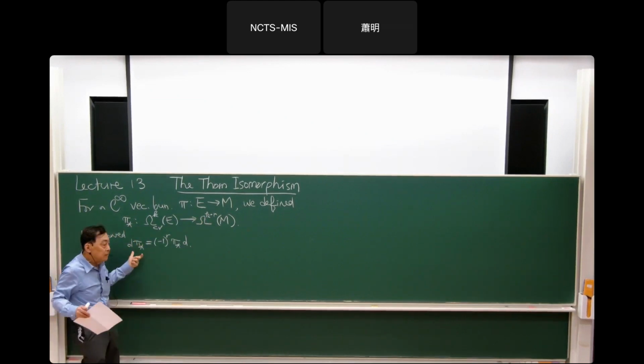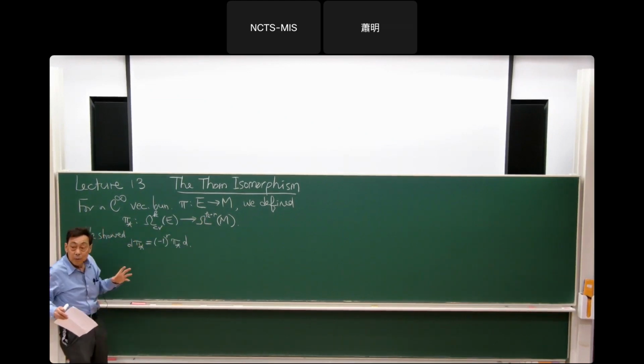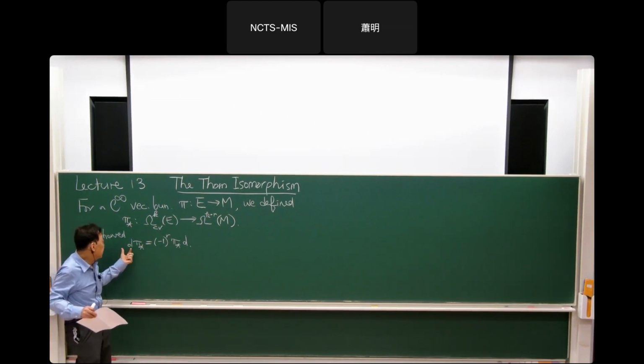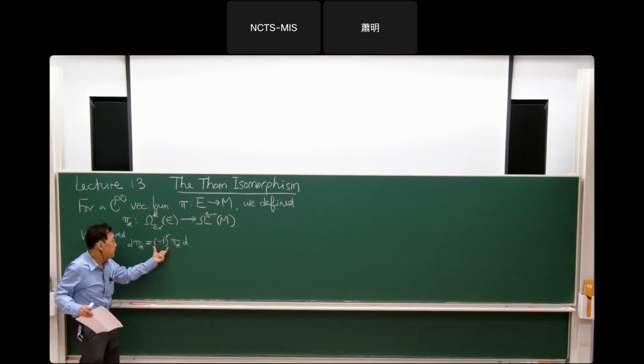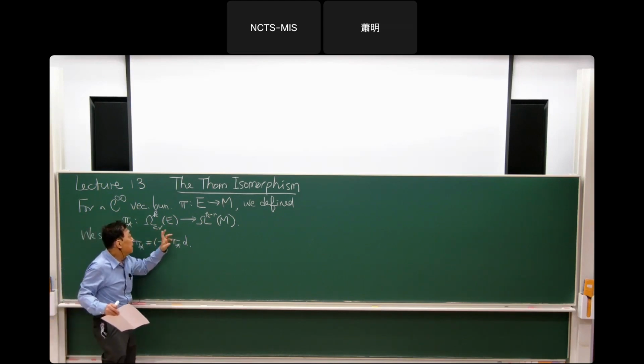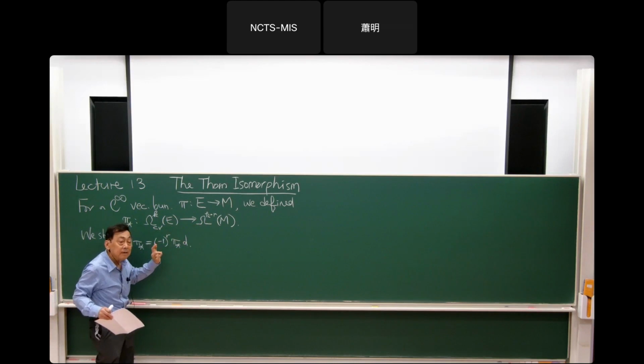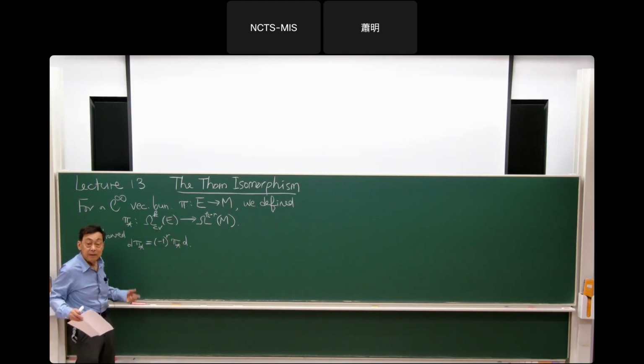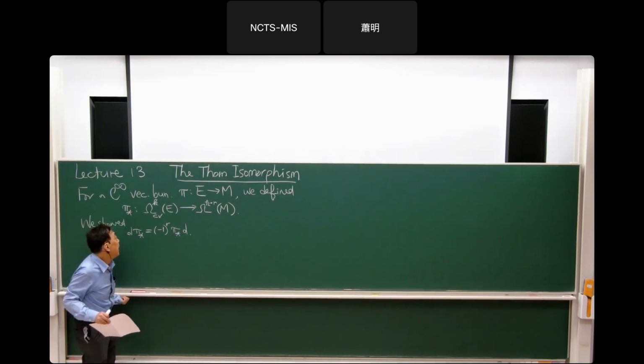And in general, when you work with graded mathematics, if you interchange two objects, there's a sign, and the sign is -1 to the product of the degrees. So the sign should be -r times 1, and that's the same sign as -1 to the r, okay?